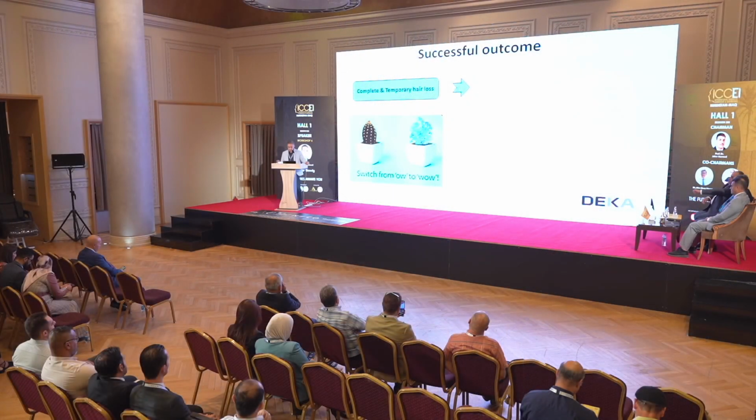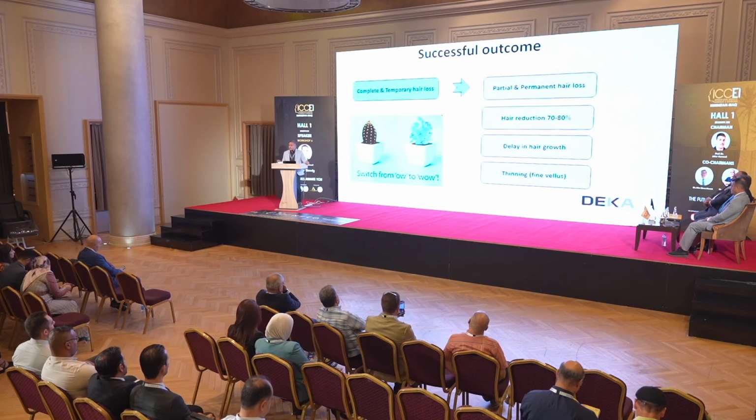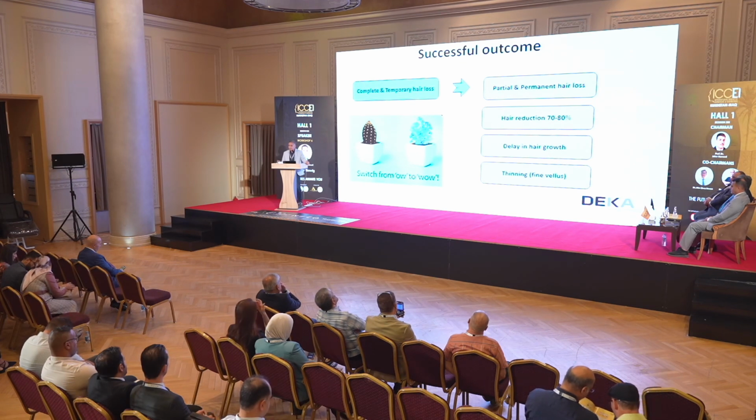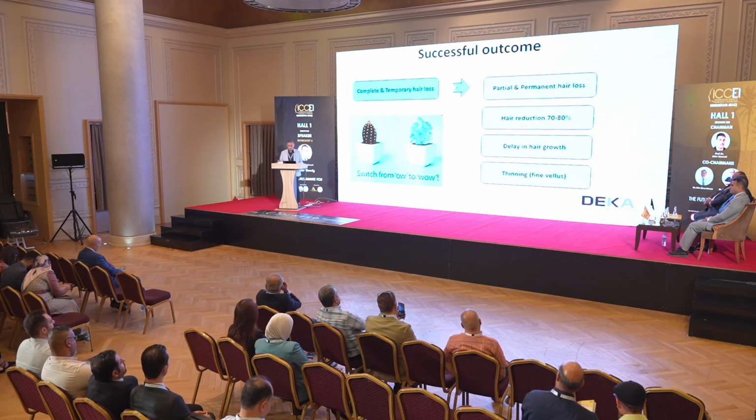Our successful outcome is to change complete and temporary hair loss during laser action into the final result, which we hope is partial and permanent or longer-term hair reduction of about 70 to 80%, delay in hair growth, and of course thinning of the hair shaft. This is the expected outcome after around 7 to 10 sessions for normal people.